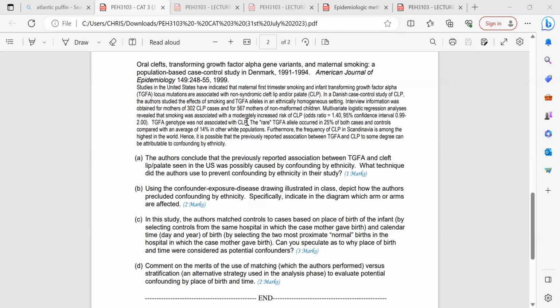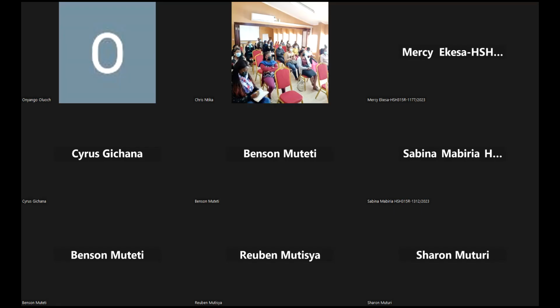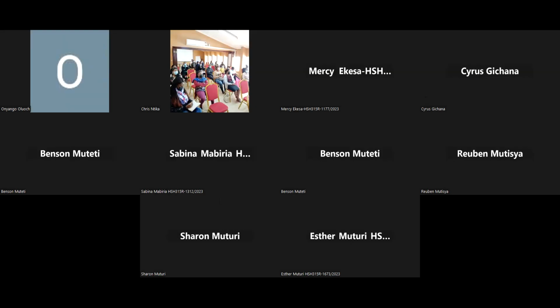Do you see? That is why we were asking, should we put both smoking and TGFA as exposure, or just smoking? Because they were trying to study two things: growth factor alpha gene and maternal smoking. So should we put both as the exposure? Yes.